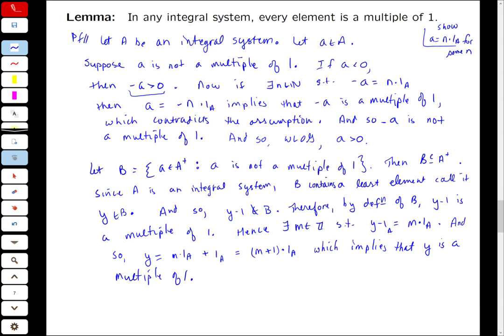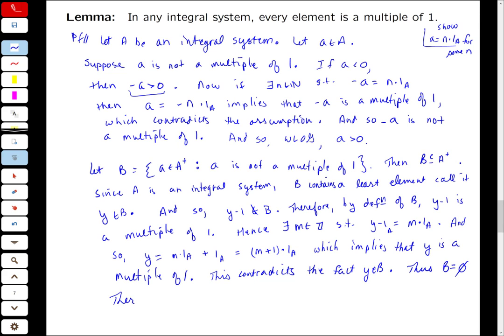But Y was in B, and what does it mean for Y to be in B? Yeah, it's not a multiple of 1. So if Y is a multiple of 1 and it's not a multiple of 1, which can't both happen, thus B has to be equal to the empty set.